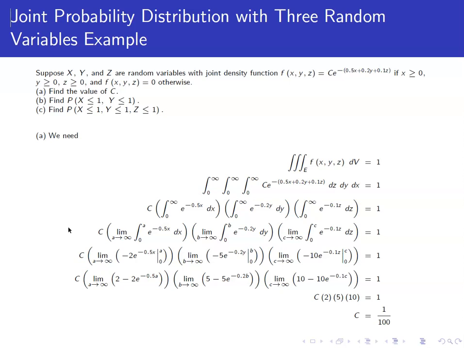We remember that to be a joint probability distribution function, when we do our integral over the support, we have to get 1. So in this case, we integrate over the region that we're talking about. When we integrate that joint density function, we have to get a 1.